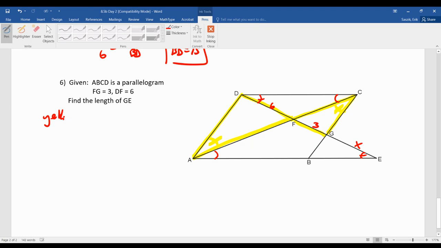So the yellow triangles are similar, ratio of 1 to 2. So I don't know what this side is, but I'm going to call this y, and this would have to then be 2y, because it has to be 1 to 2. Okay? Good with that?